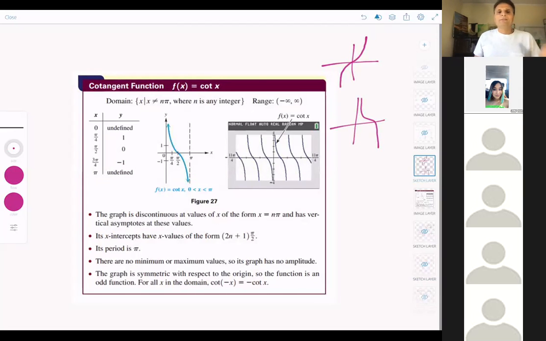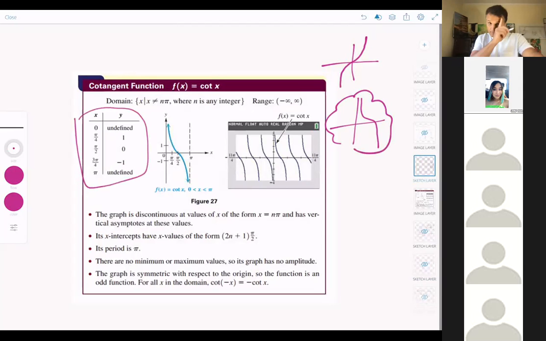We did go over this in one of the sessions, but again, we graph it through the table. Same as tangent, the range is between negative infinity and infinity, because this goes to positive infinity and this goes to negative infinity.